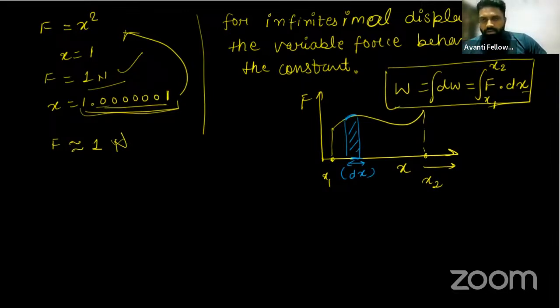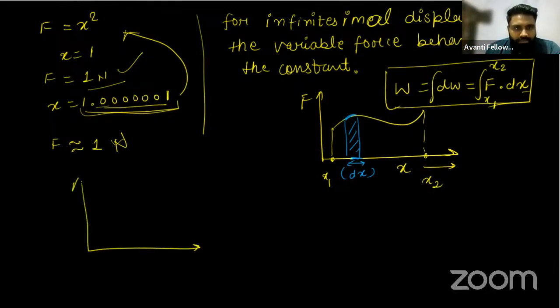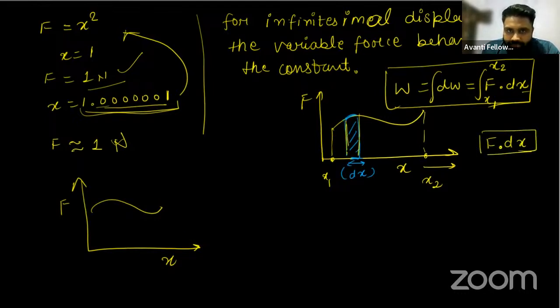Got it? Now if you see here, this is the variation of f with x. This integration of f dot dx, only this f dot dx, is nothing but the area of this strip.